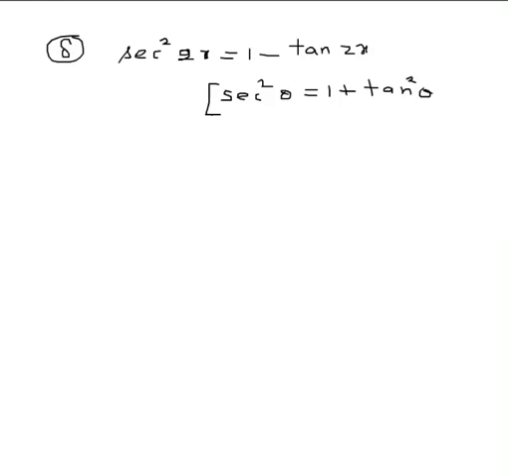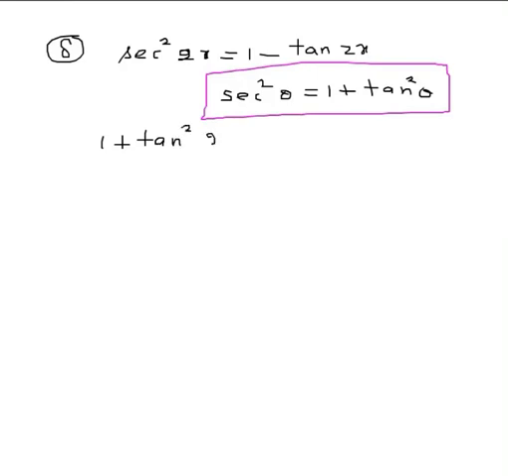Let us use this identity. It becomes 1 plus tan square 2x equal to 1 minus tan 2x.